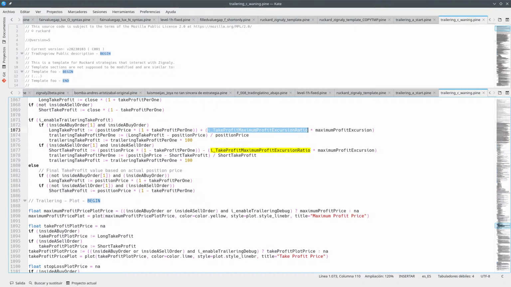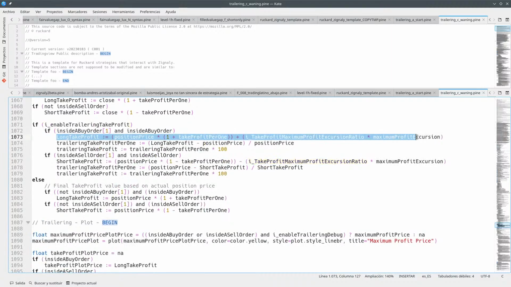What we want to do here is to have a variable that calculates this, and if this is not higher than the position price, then we are going to use a default value. But which one? This one here, which is based on ATR. I'm not sure about this.